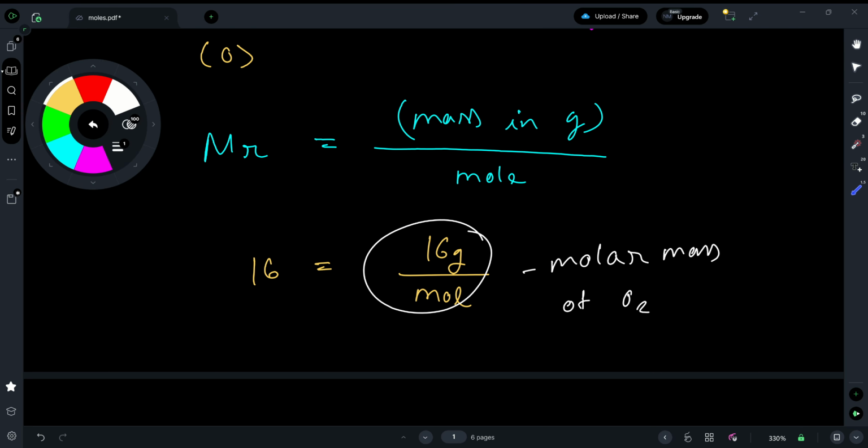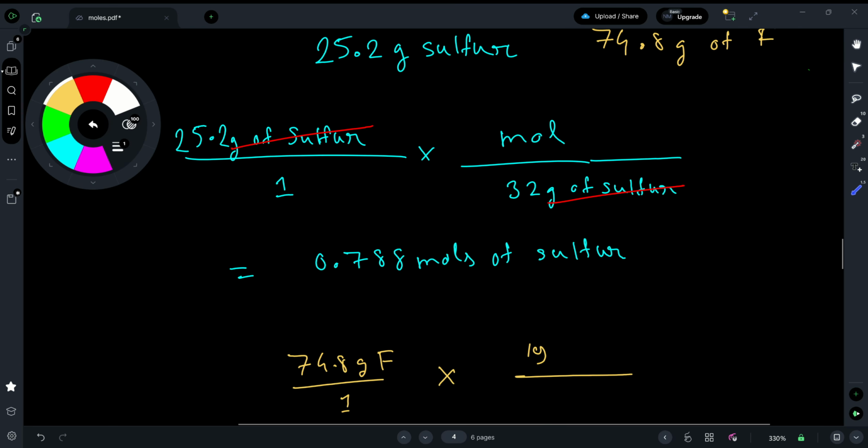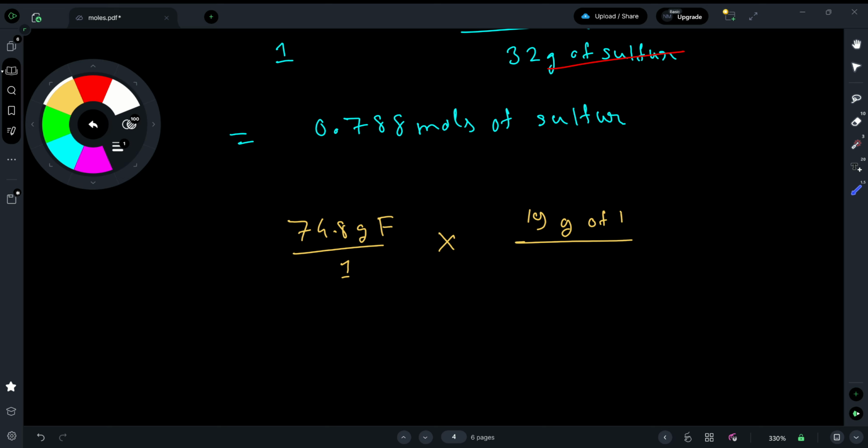So you can write 19 grams per mole. That's the molar mass, 19 grams of fluorine per mole. But again, see what I did here? Since I used this, I'm going to have to multiply this and then divide by mole, and my grams won't actually cancel out. So this was wrong.